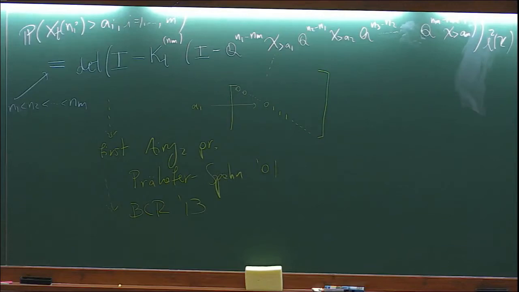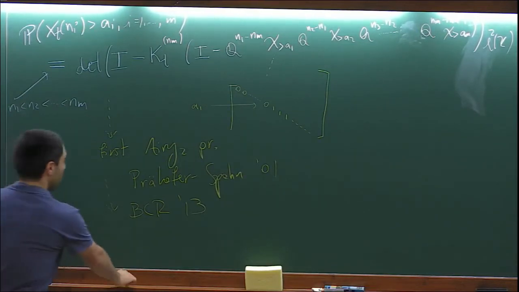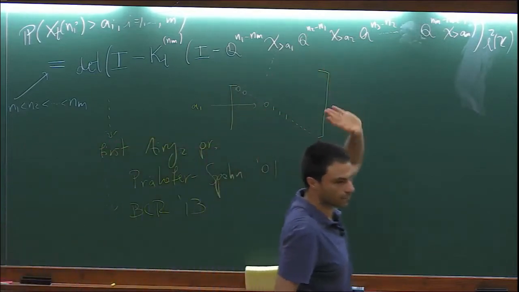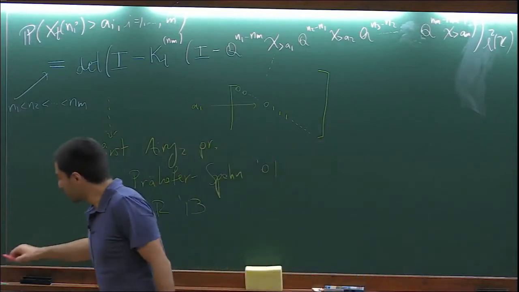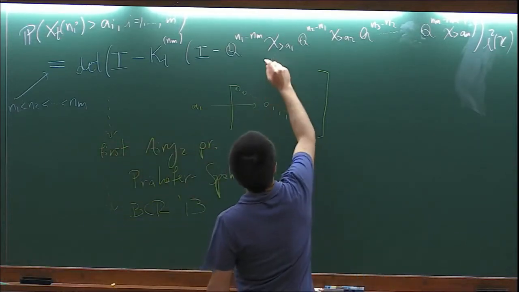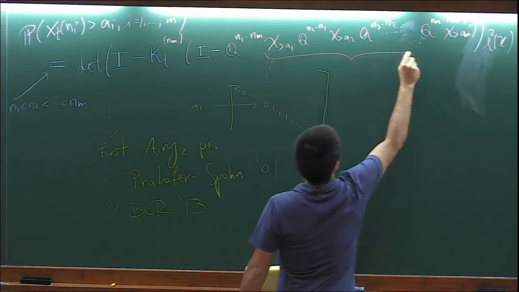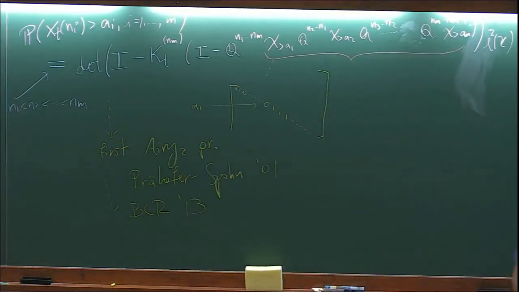Actually, it doesn't satisfy all the necessary hypotheses, but then you tweak the proof a little bit, and it gives you this. So I won't say more about that, but it had become clear over the last, I don't know, 5 years or a bit more, that these types of formulas were useful for getting other properties of this process. Now, why is this useful in our situation? Look at what's happening there.